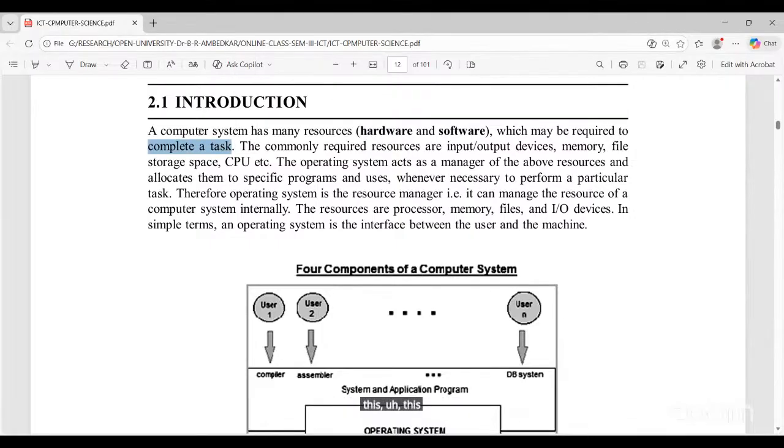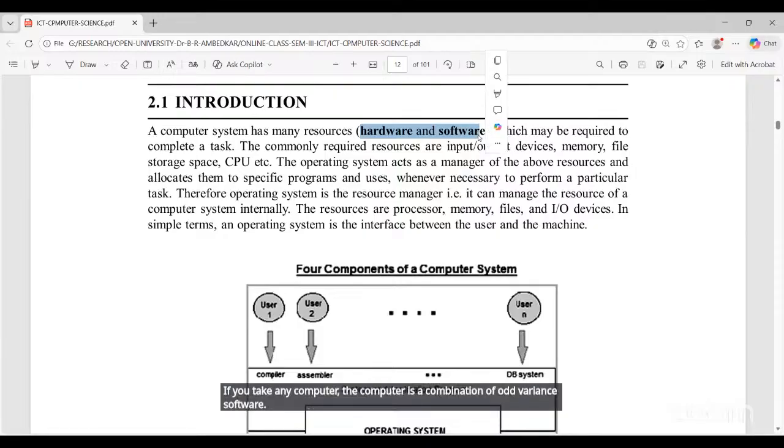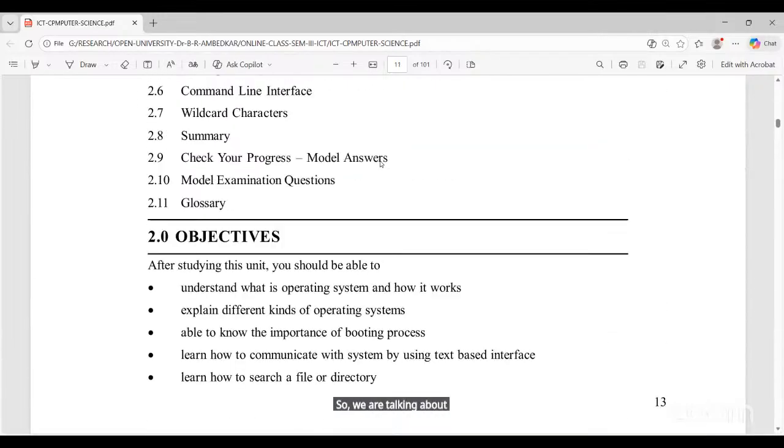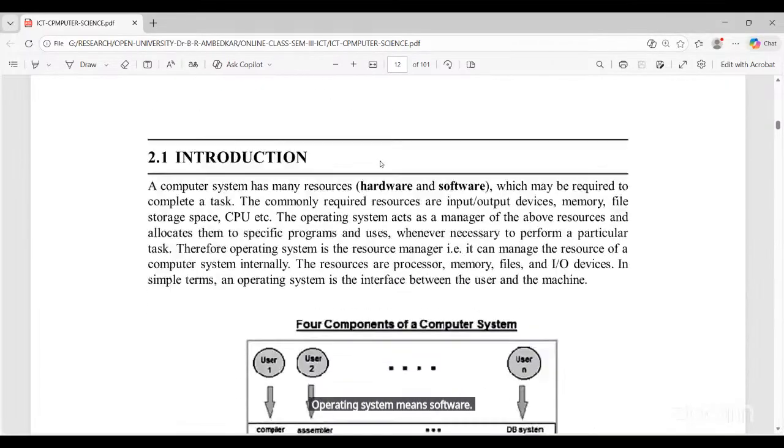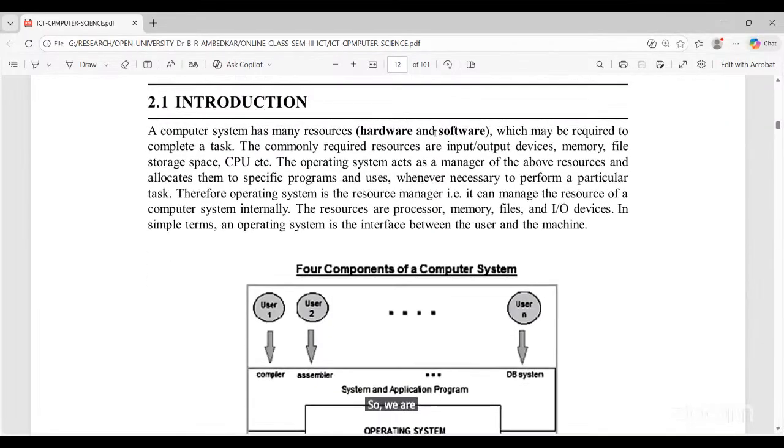If you take any computer, the computer is a combination of hardware and software. So we are talking about the software here. Operating system means software. We are not talking about hardware, we are talking about operating system software.